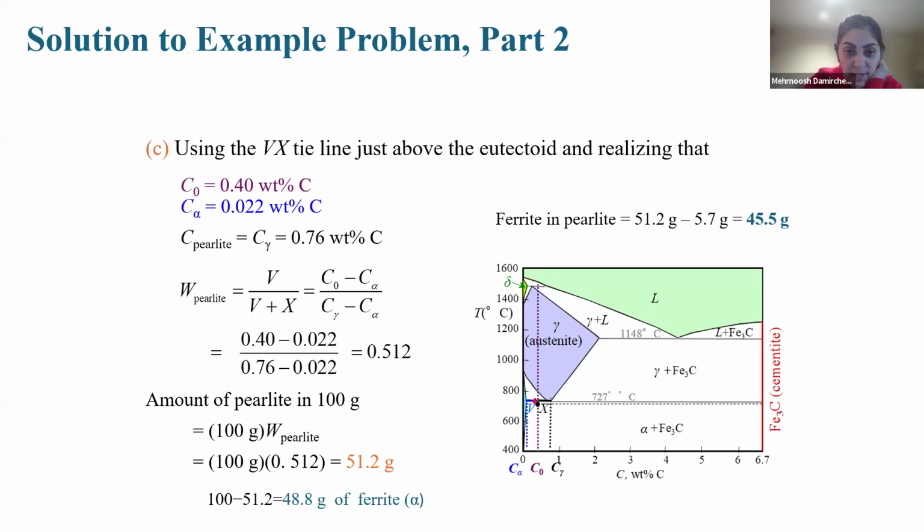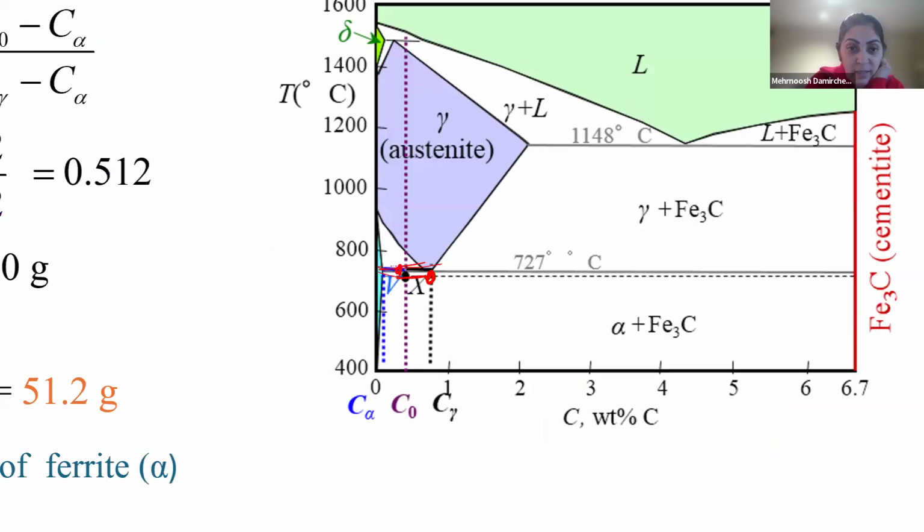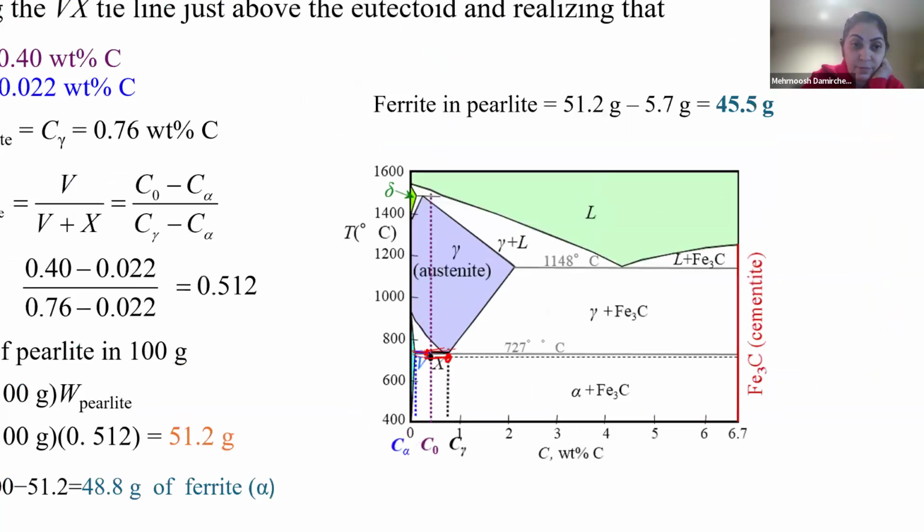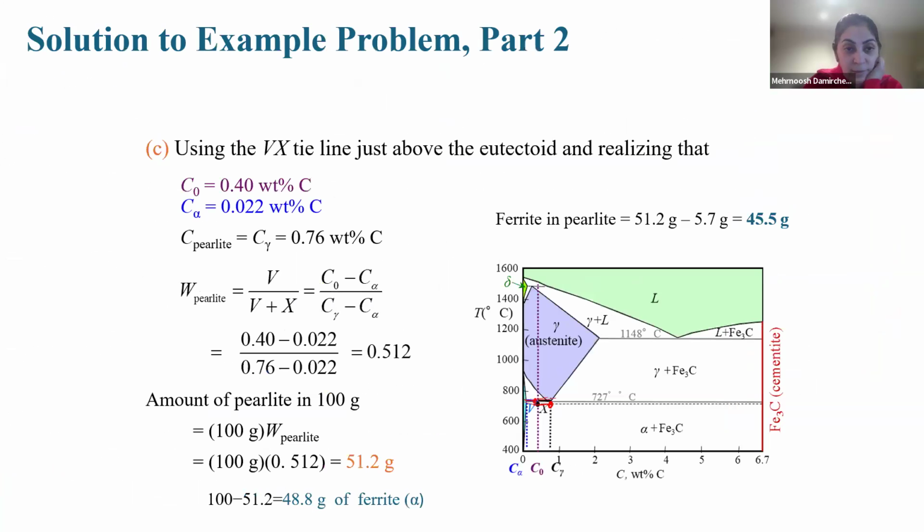Look here. We are here. Again, we draw a tie line, but here it intersects the eutectoid point. If I zoom in, here, the side far from the alpha is X, and the side far from perlite is V. So perlite is here.